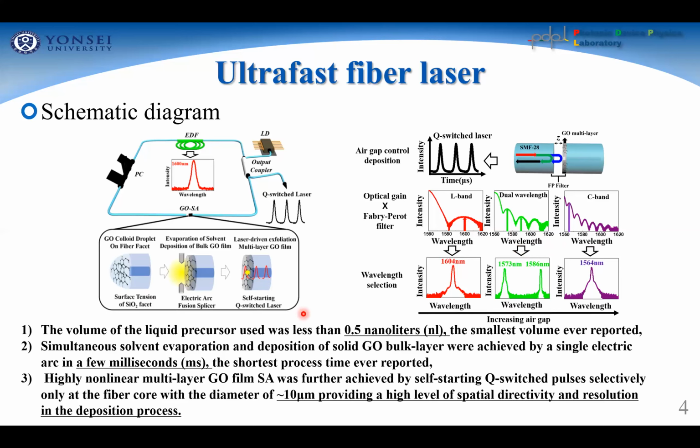So in summary, firstly we developed an optically optimal deposition method, and with a very small amount of solution and a few milliseconds of electrical arc, we can successfully make a saturable absorber and tunable wavelengths.